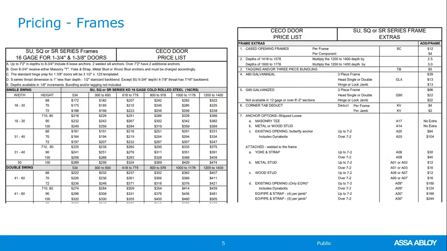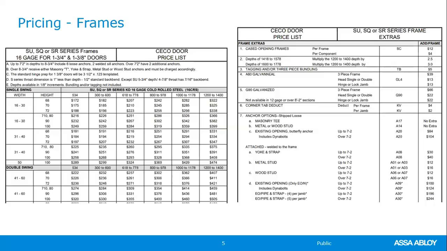We start off listing at the top what our frames are. On this page, we see SU for unequal rabbeted frame, SQ for equal rabbet, SR for single rabbet. And these base prices are going to be 16 gauge for 1 3/4 and 1 3/8 doors. Then underneath this is where it tells you what's included in the base price of your frames.